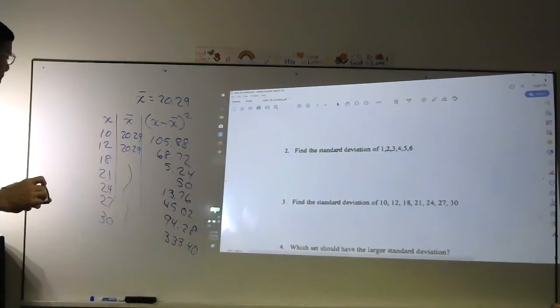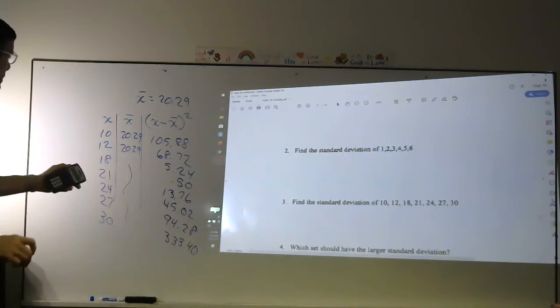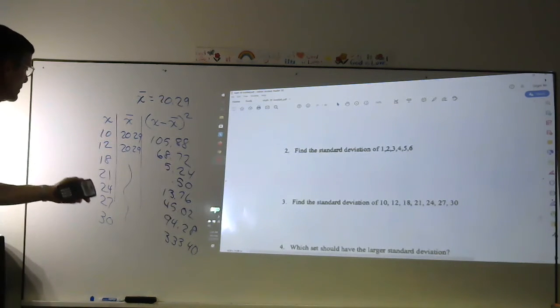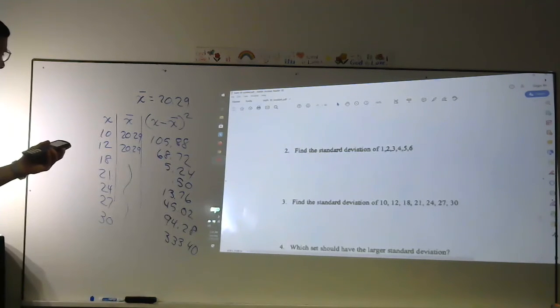That minus that is 3.71 squared. That minus that is 6.71 squared. And this minus this is 9.71 squared. Equals, and I'm off a little bit.